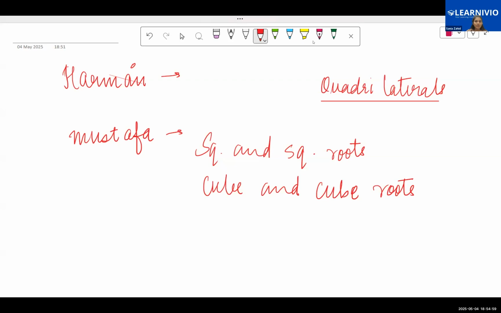Okay, so shall we start with square and square roots? Because this is a lengthy and an important chapter. Okay, children.